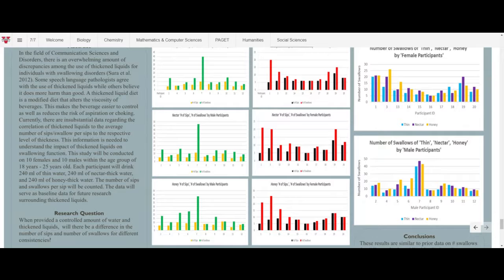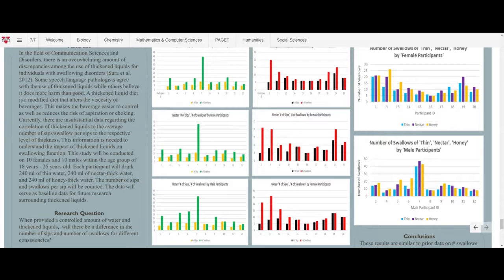But there's a whole discrepancy among thickened liquids as to whether they're good for patients or bad. Some people think that thickened liquids cause aspiration to occur more, and some people believe that it's the only way for patients to stay hydrated, so they don't aspirate on just plain thin water.